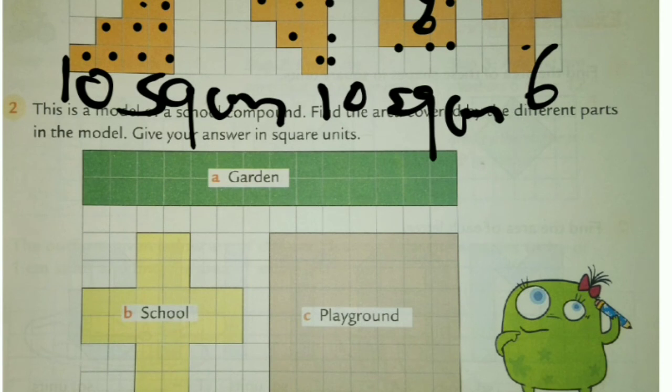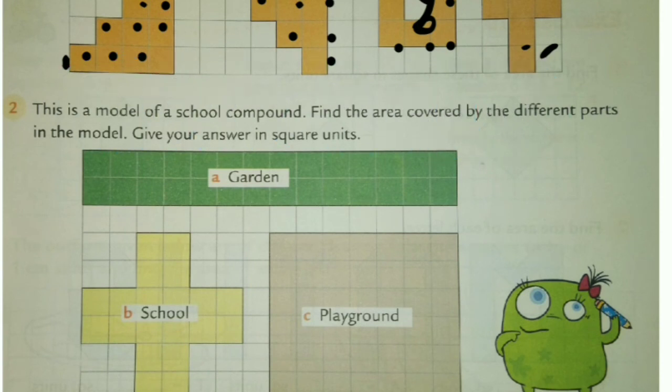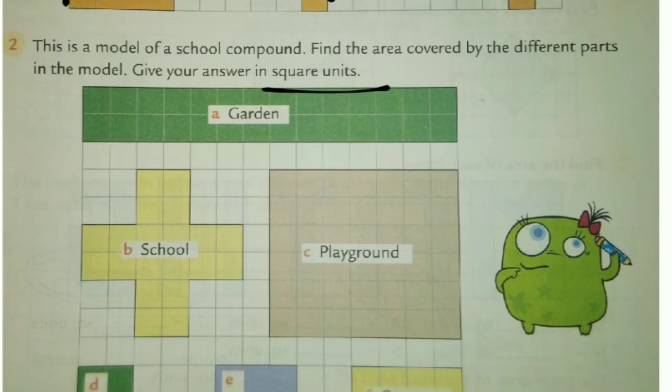Question number 2. In question number 2, this is the model of the school compound. Find the area covered by the different parts in the model. Give your answer in square units. So in this one, you have to count this garden, then the school, then playground, then kitchen garden, then pet house, and then canteen.